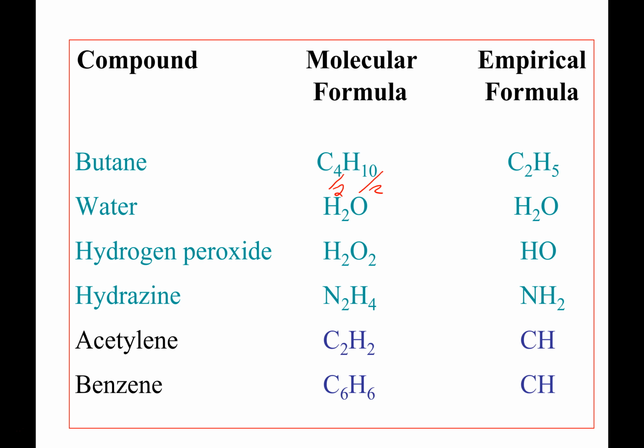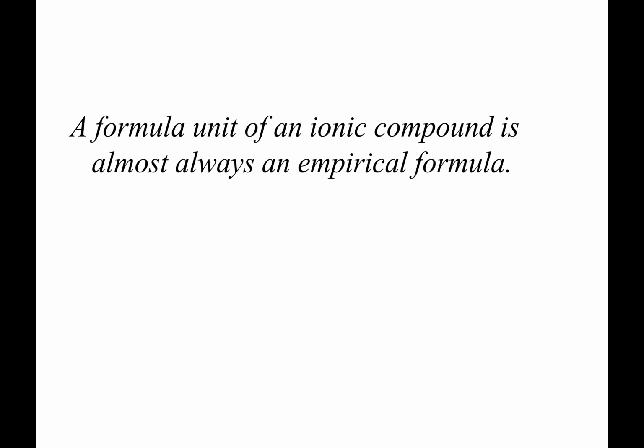So if we burn acetylene or if we burn benzene, it's going to give us the same empirical formula. And I'm going to tell you today how, given a little bit more information, we can backtrack from the empirical formula to the molecular formula. So that's something to look forward to.